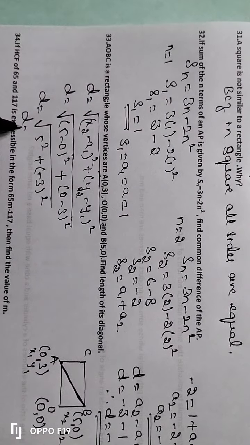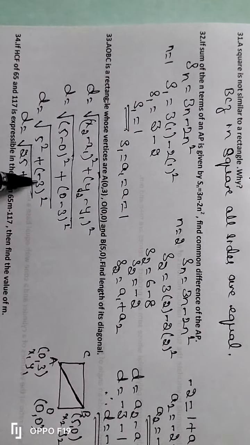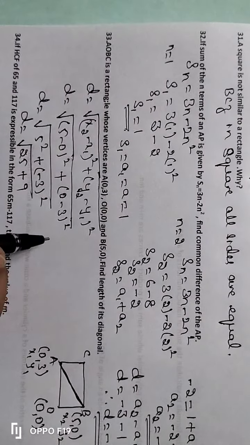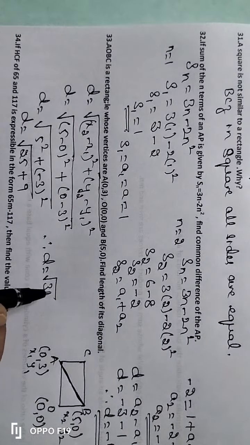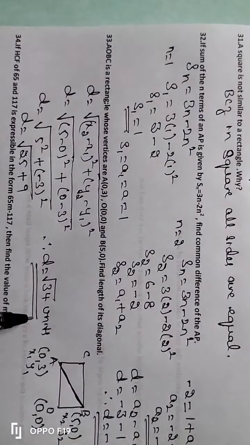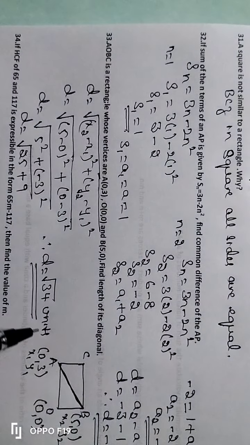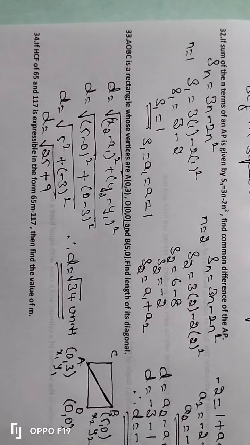So D is equal to square root of 5 square is 25 and minus 3 whole square is 9. Therefore, D is equal to 25 plus 9 is 34. Therefore, distance between A and B, that is the length of the diagonal, is root 34 units. So like this we have to find out the length of the diagonal.